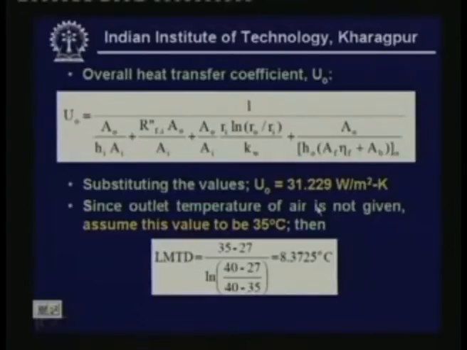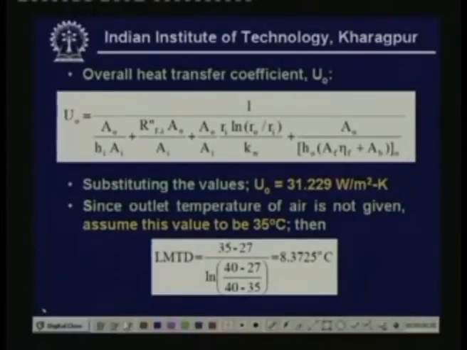Now the overall heat transfer coefficient for a plate fin type heat exchanger, the formula is like this. This formula was mentioned in the last class also. Here you have the fouling resistance on the refrigerant side, you do not have any fouling resistance on the air side, that means outside fouling resistance is not there. You know various terms like A naught by Ai, and these are the area ratios.